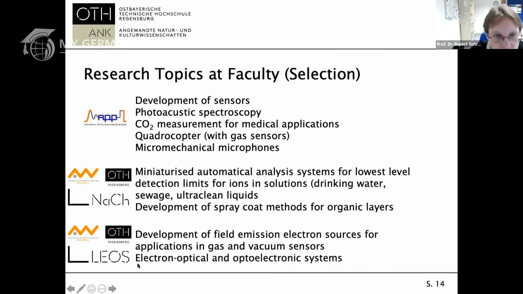And the focus here in our university is on sensorics. So the sensorics industry is here very present in the region.